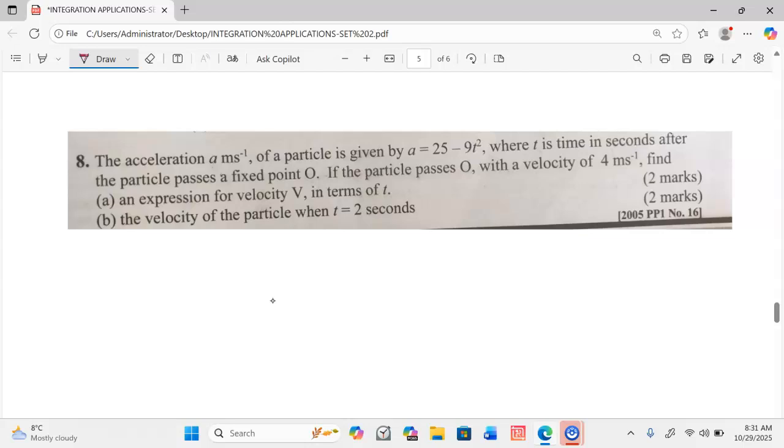And the question we have reads, the acceleration a in meters per second squared of a particle is given by a equals 25 minus 9t squared, where t is time in seconds after the particle passes through a fixed point O. If the particle passes O with a velocity of 4 meters per second, find an expression for the velocity. In this case, to find the velocity, we are going to integrate the acceleration function, which is 25 minus 9t squared.